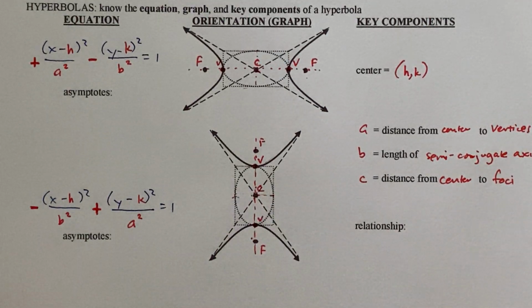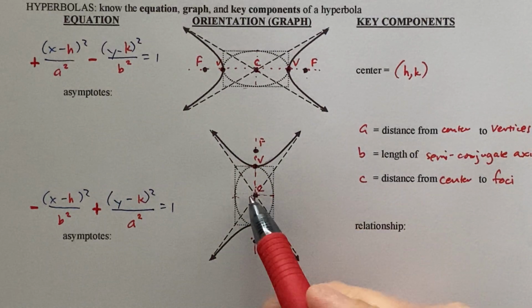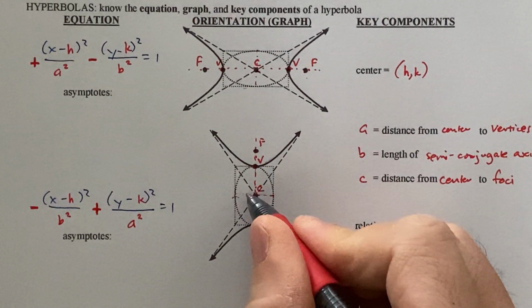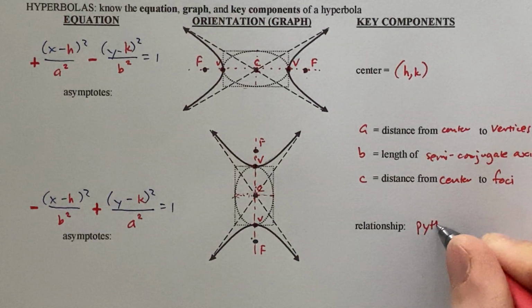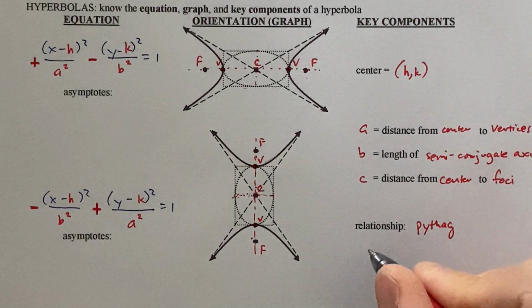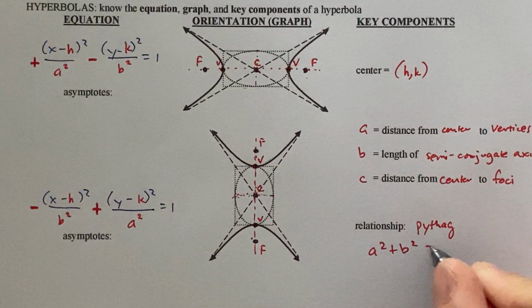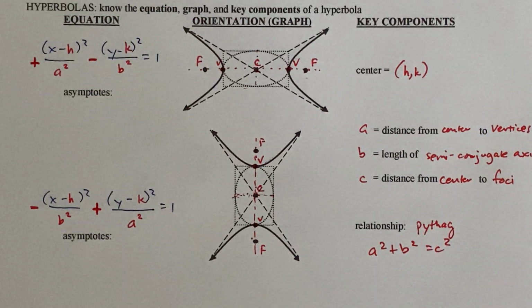Conjugate, it's almost like it doesn't really exist anymore, okay? So that's just what we used to call my minor vertices. We'll just rename it, okay? All right, and then the last thing we got to talk about is the relationship between A, B, and C. In this case, it's actually going to be the Pythagorean theorem, so it's going to be a little bit easier. A squared plus B squared equals C squared, something we're very familiar with.